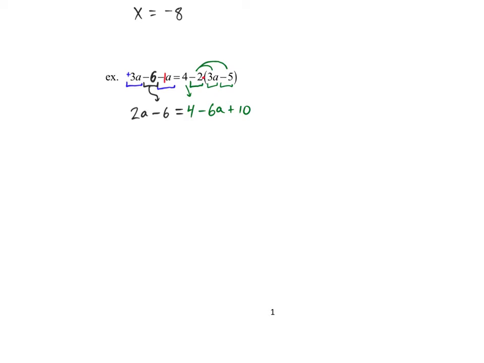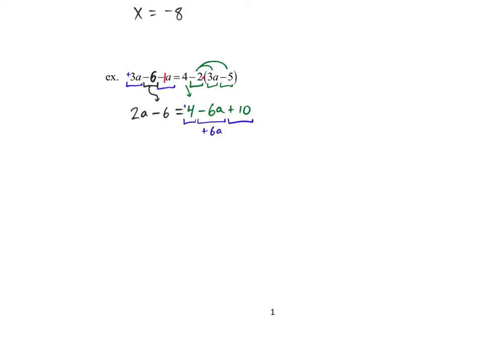So we're to there. And once I'm there, now we can move around some a's again. I'm going to move the 6a. So I have this positive 4 right there, this minus 6a, and a positive 10. I was saying move the smaller one, but this one here is negative, so it's just begging me to move it to the other side.